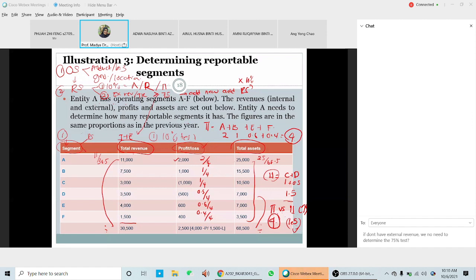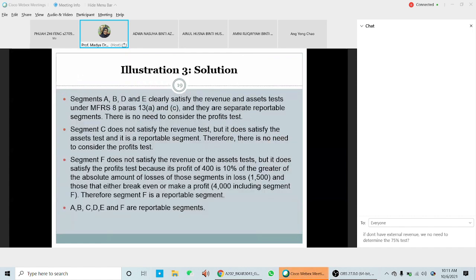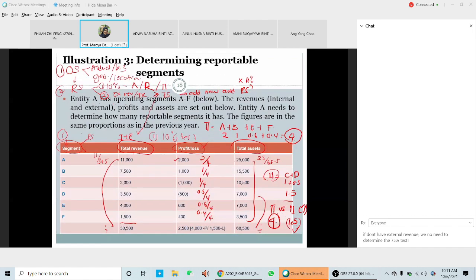For the profit column here, we need to divide by 4. And then for the assets, every segment needs to be divided by 68.5. So we're going to determine this one. If you calculate this one, you find that this one is about 11%. Not 11 there, not the other one.